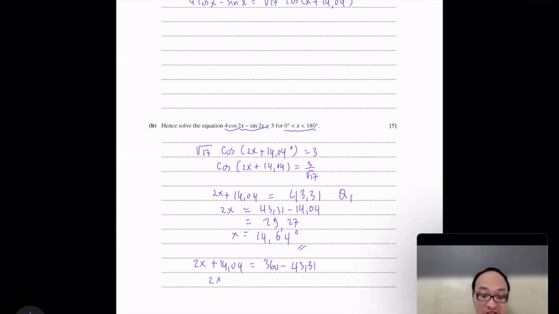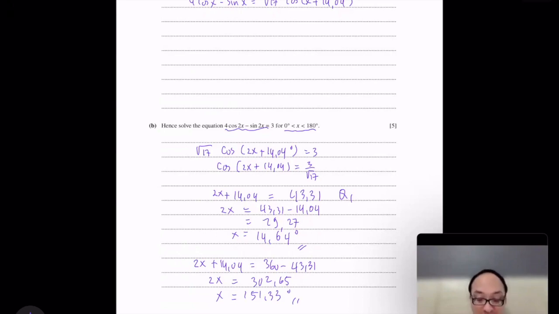So 2x equals 360 minus 43.31 minus 14.04, so 302.65. So x equals 151.33 degrees.